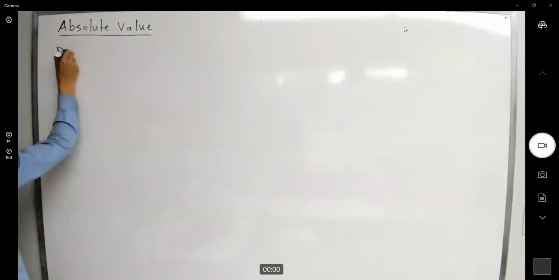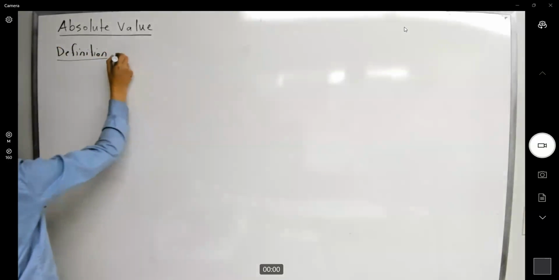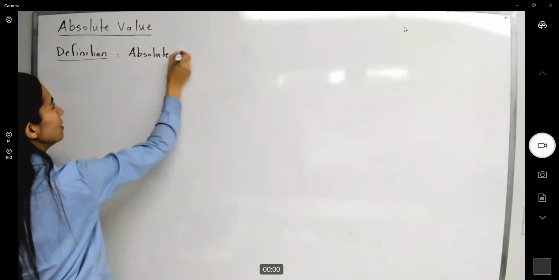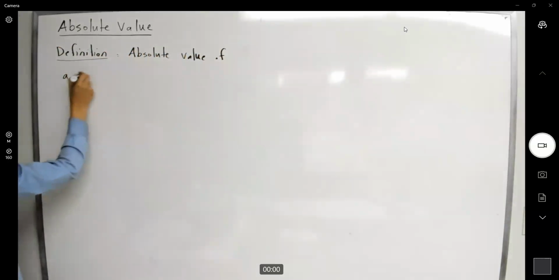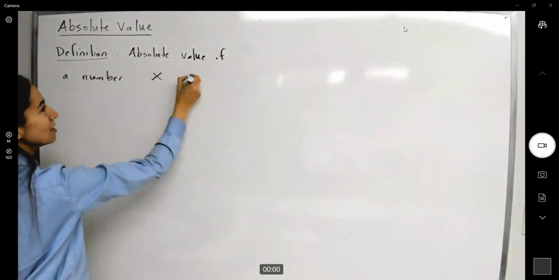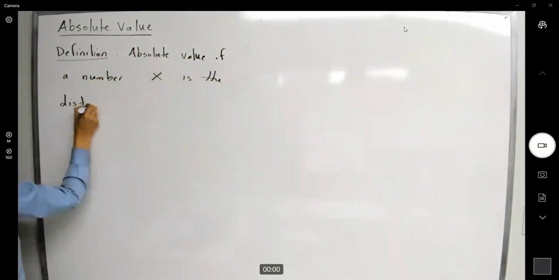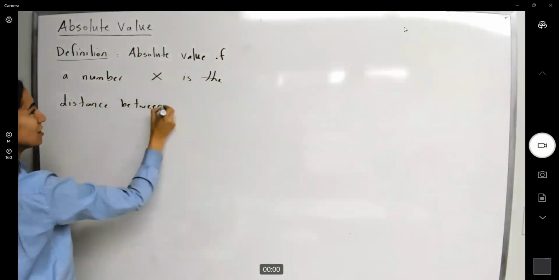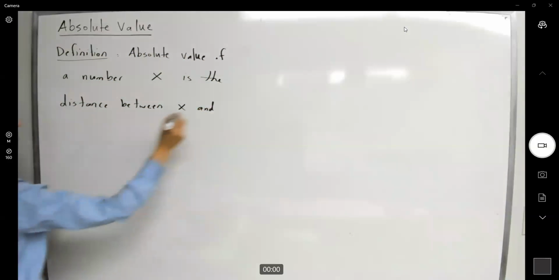The definition is: the absolute value of a number like x is the distance between that number, x, and 0.